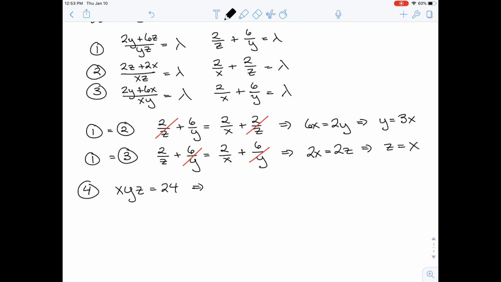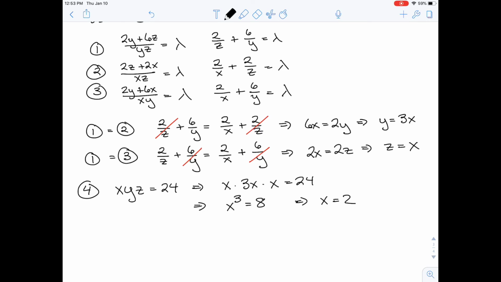And so here we see that x times 3x times x is equal to 24. If I divide by 3, I have x cubed is equal to 8. So x is equal to 2.